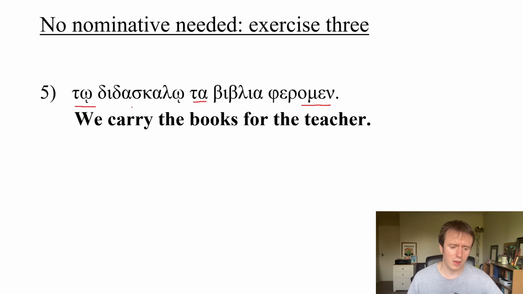And therefore we know that this phrase means either to the teacher or for the teacher, and given the context and given the fact that the dative isn't typically used to express motion towards something, it doesn't typically get used to mean to in the sense of towards. In light of those two facts, it's more probably we carry the books for the teacher. But the dative does occasionally get used to mean to in the sense of towards, but just not typically.